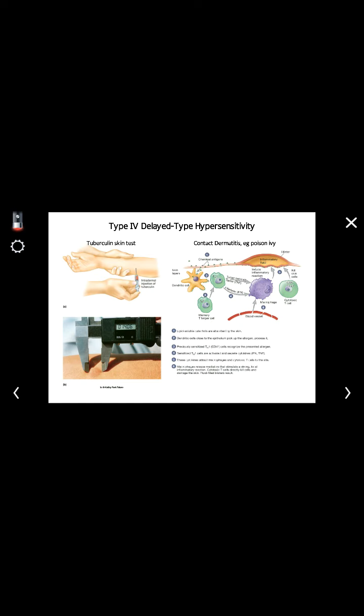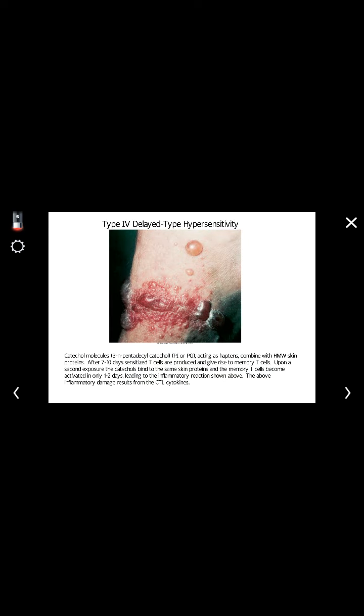These cytokines attract macrophages and cytotoxic T cells to the site. Macrophages release mediators that stimulate a strong local inflammatory reaction. Cytotoxic T cells kill damaged cells. You get blisters like this.